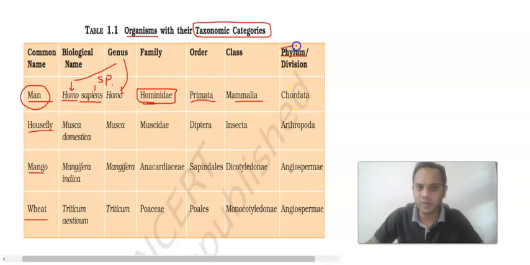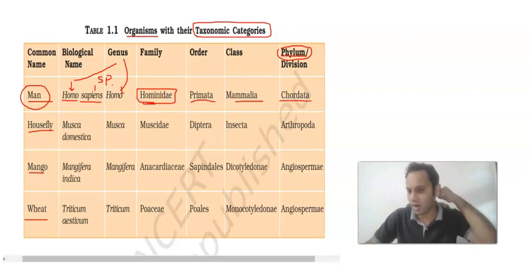Therefore, here we should use the word phylum instead of division. So they belong to the phylum Chordata. Here there is a notochord, or in our case the vertebral column is present, which is actually a kind of notochord present at some stage of life. All organisms having that are grouped in Chordata.